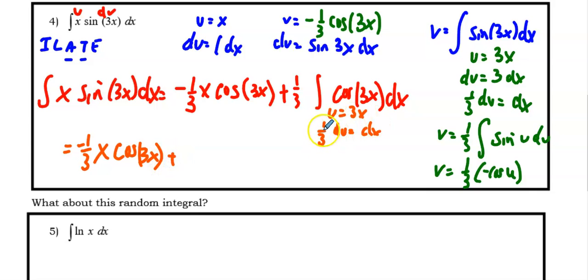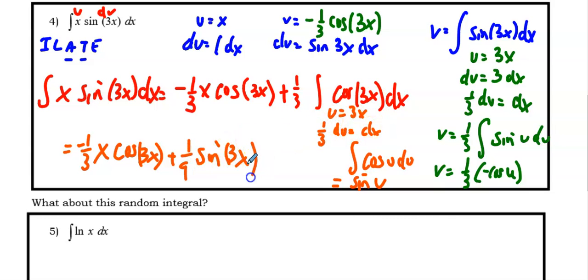I'm going to pull out a 1/3, and I have this 1/3, so this is going to end up being a 1/9. And then I'm left with the cosine of u du. Well, if you integrate cosine, you get back a positive sine of u. So this is going to be 1/9, and then positive sine, our u is going to be 3x, and then plus c.